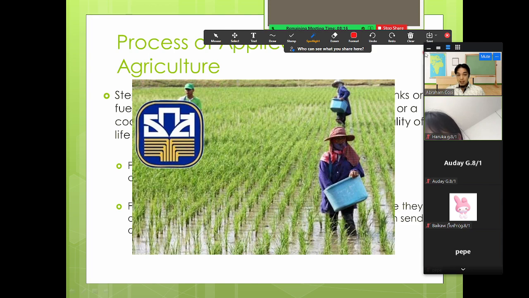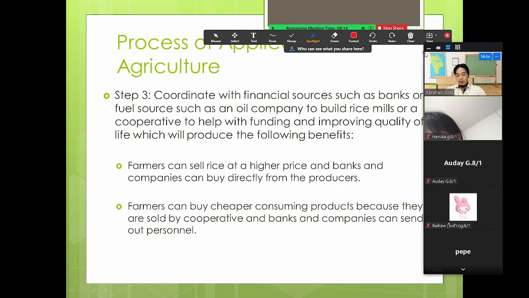Next meeting we will be discussing applying sufficiency economy in the production of goods and services in the business sector. Today we discussed the application in agriculture. So I want you to answer on page 47, activity 1.